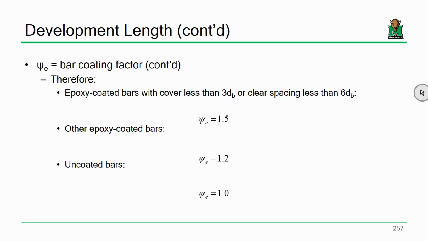Now, your psi value is 1.2 in most cases, but if you've got epoxy-coated bars and they're spaced really closely together, then there's not a whole lot of concrete to grip those bars, so that psi value gets even larger. So if you've got epoxy-coated bars with really narrow spacing or really small cover distances, as you see here, we take psi to be 1.5. Otherwise, we'll take it to be 1.2.